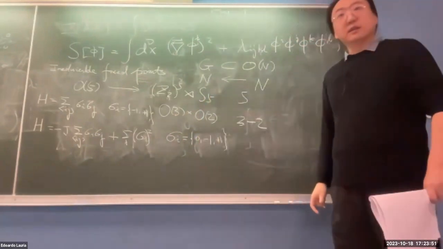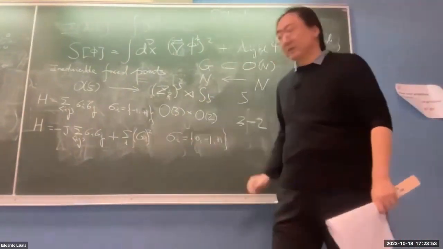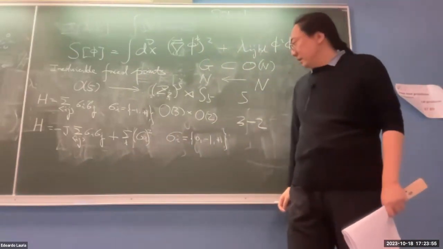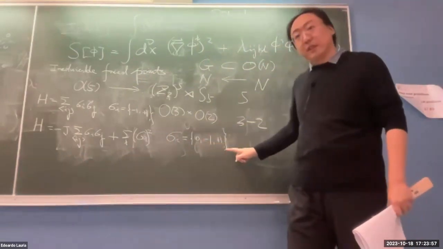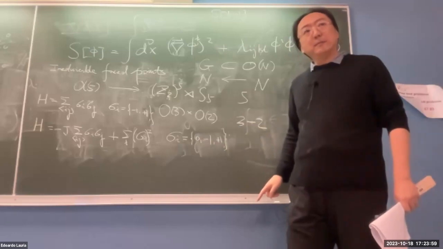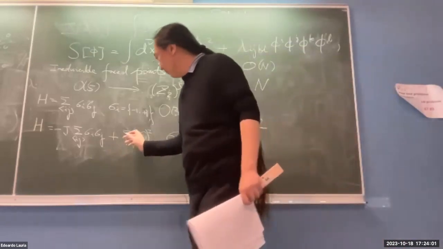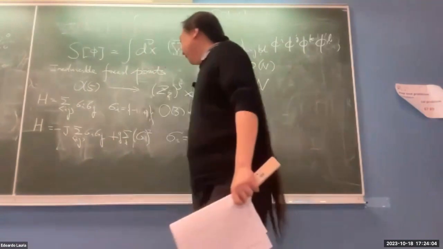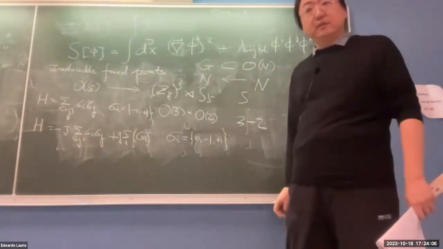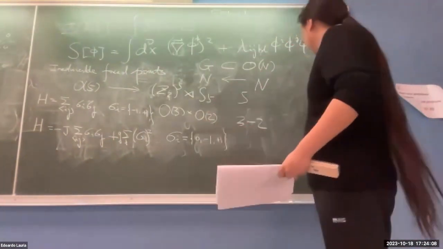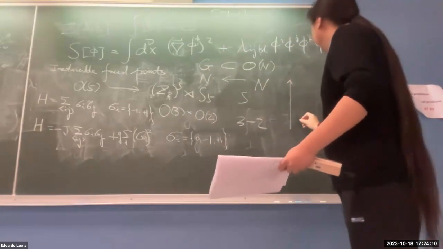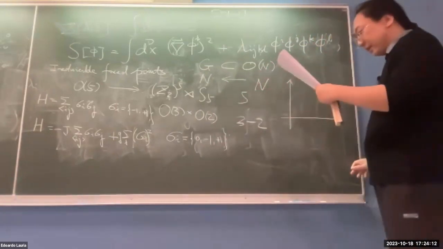This is a similar Hamiltonian, but with an extra term. So now I have 2 couplings, and I can ask what the phase diagram of this model is. Essentially, the phase diagram you get would be something like this.